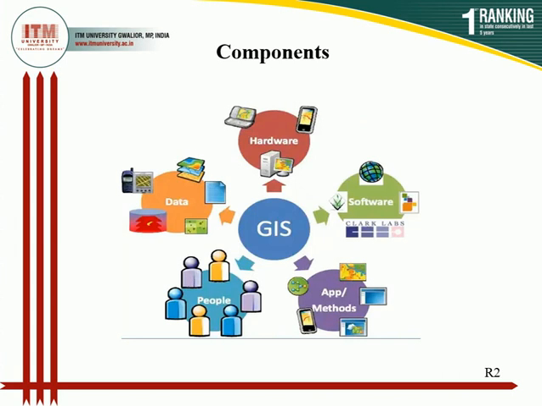It depends upon the user to apply different methods for different techniques. Some persons may use it for business purposes, some for environmental studies, some for land degradation, some for hydrological studies, and so on. So it depends upon the main purpose of the query for which this GIS has been used.